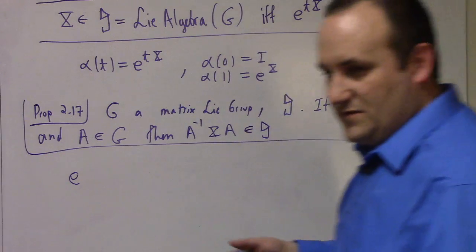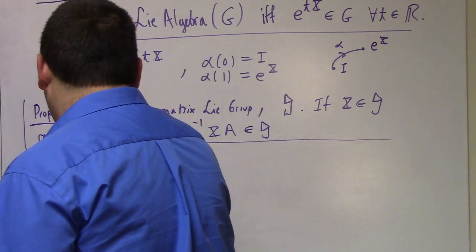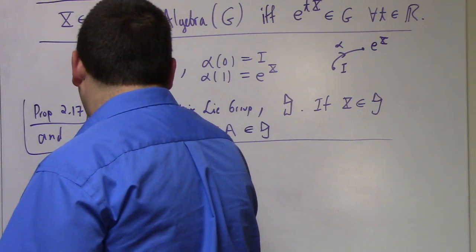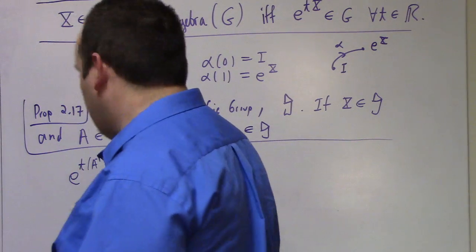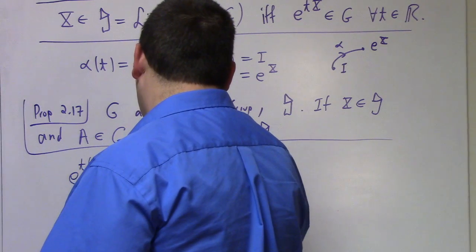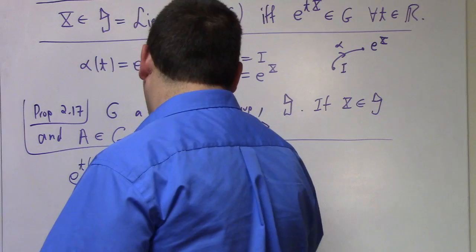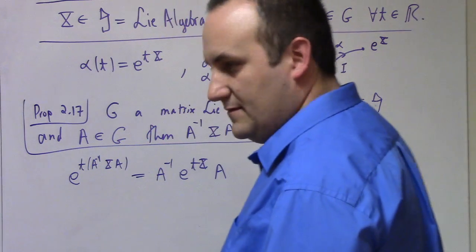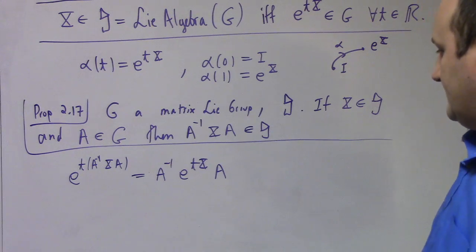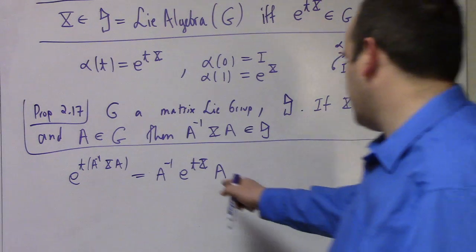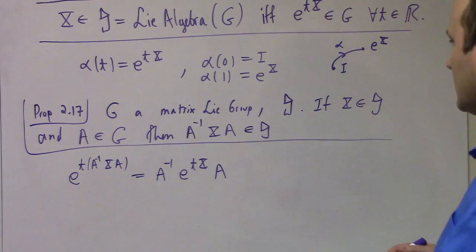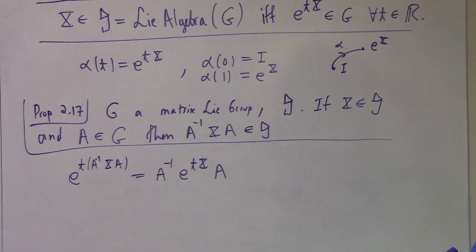So all you have to do is show that the exponential e to the t times A inverse X A is, by what we proved for the matrix exponential, A inverse e to the tX A, right?